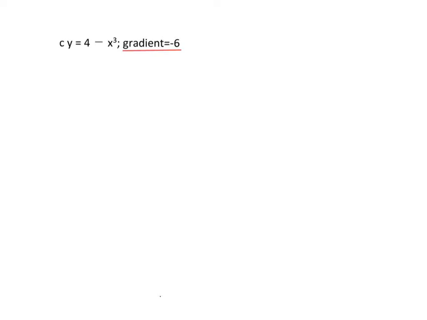So what else do we know about this equation? Again, we know the gradient of the rule. So dy/dx is, now differentiate 4 and it disappears. Minus x cubed, drop the 3 down, so minus 3x squared. Remember, constants disappear. So that's the rule for the gradient for 4 minus x cubed.